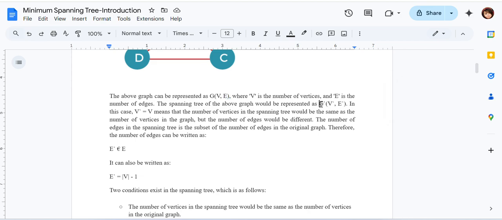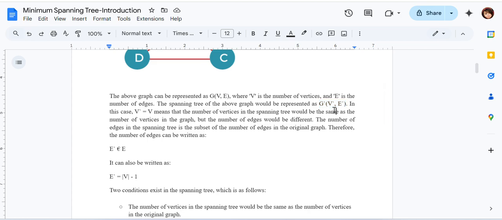But a spanning tree is also a graph, so we represent that as G' = (V', E'). G(V, E) is the original graph, and G'(V', E') represents the spanning tree for the above graph.